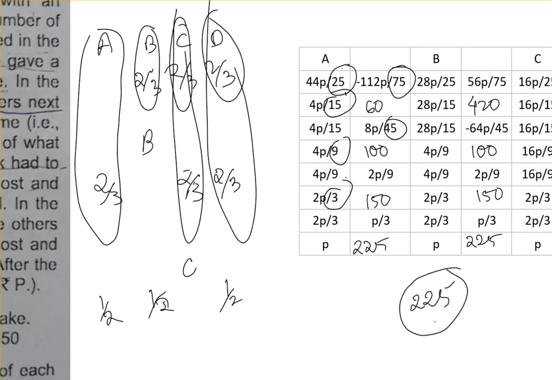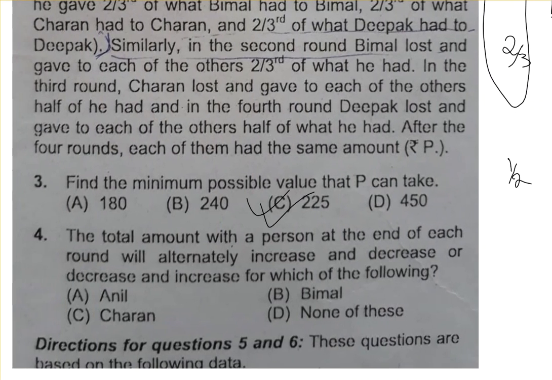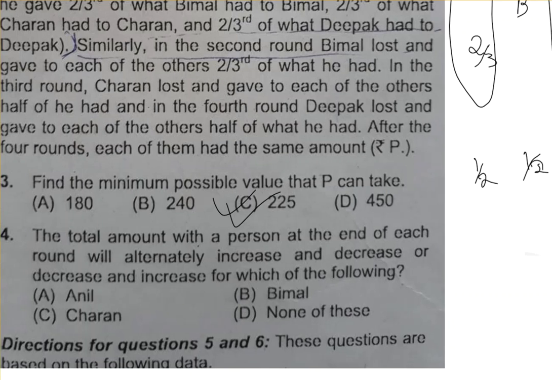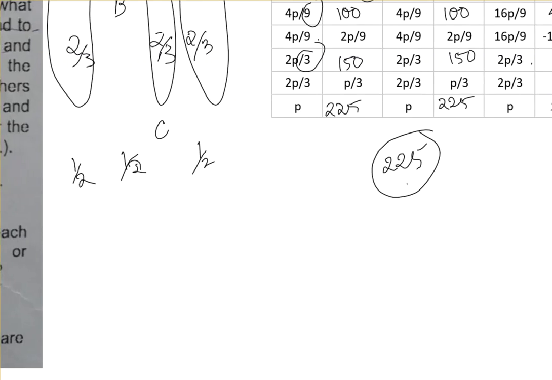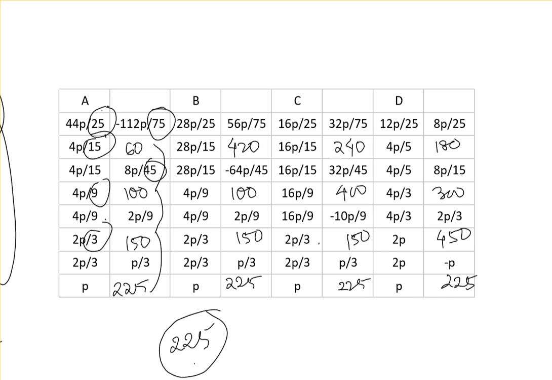Okay, so the total amount with a person at the end of each round will alternately increase and decrease, or decrease and increase. So let us check for A. Increase, increase and increase. So this is not the case.